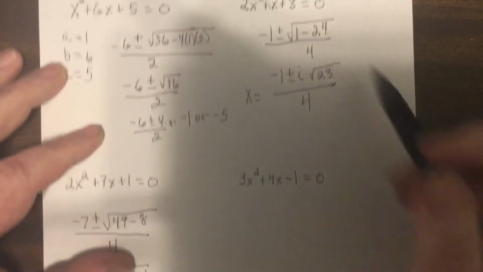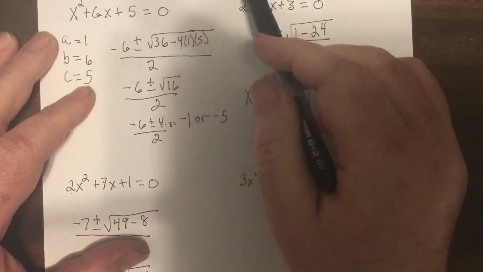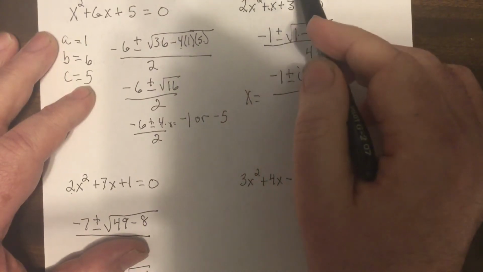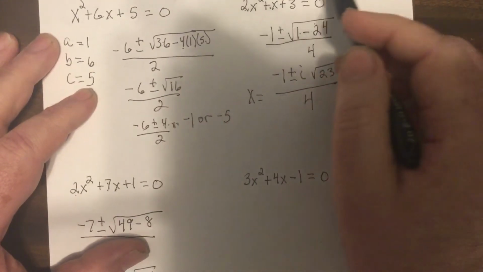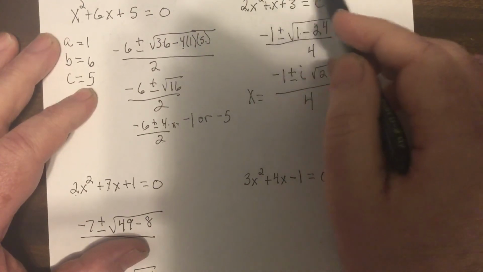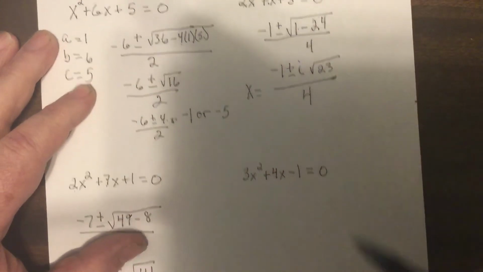Okay, now notice when you're doing the quadratic formula, everything has to be simplified and on one side of the equation. So if you had a number over here, you'd have to move it over. A variable term, move it over.